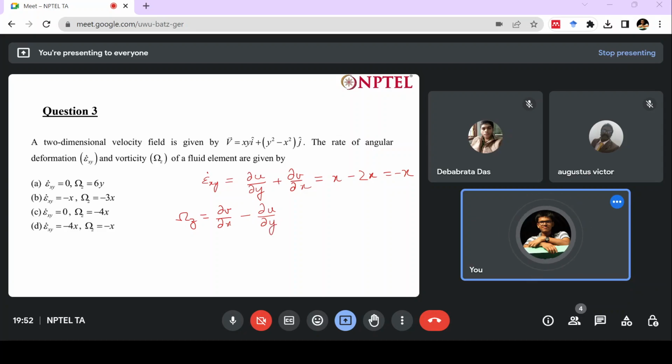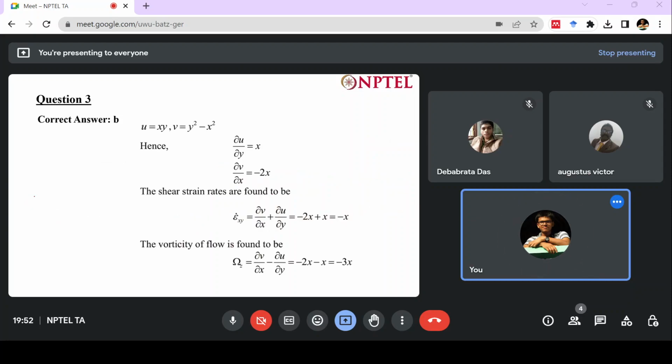So for v, x derivative, for u, y derivative. Del v del x is again the same thing. Actually, we have already done this here. So minus 2x and this is minus x. So this is minus 3. Okay. So option B should be the correct one.